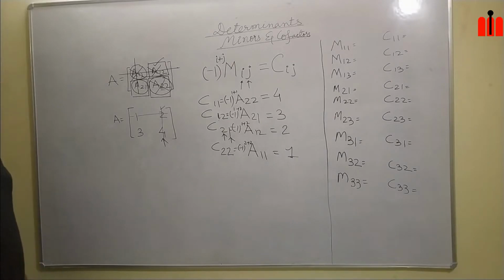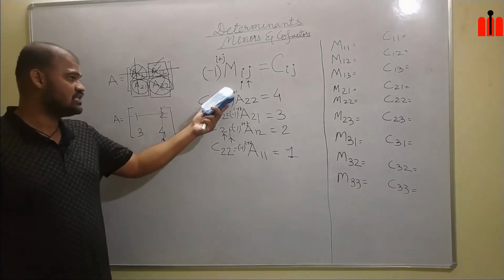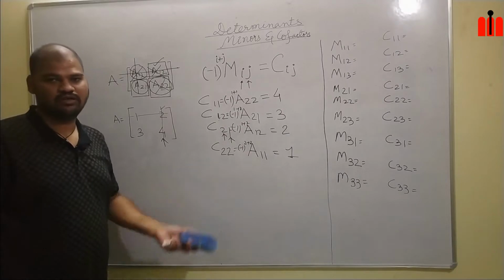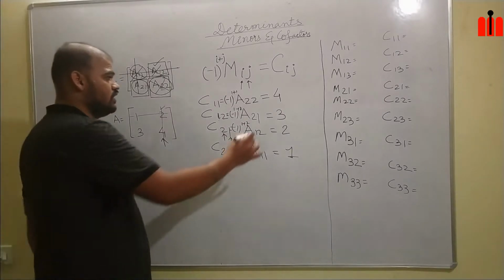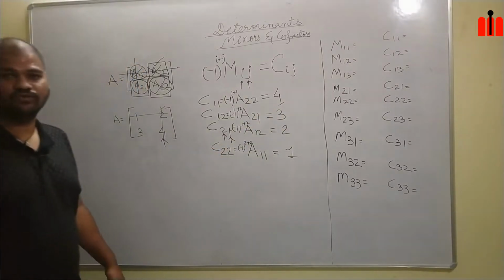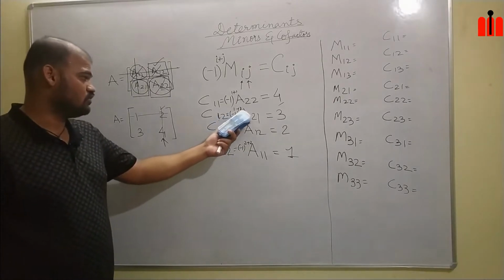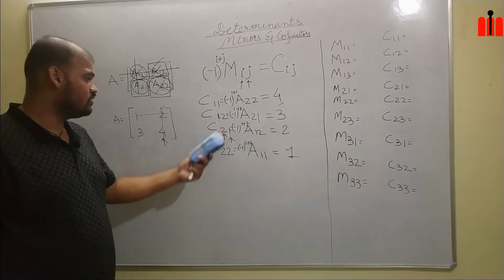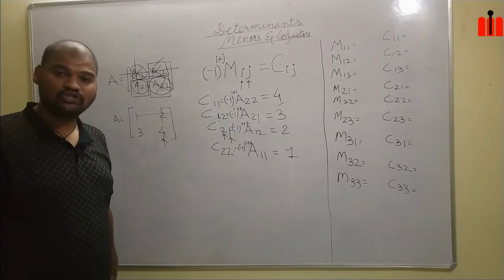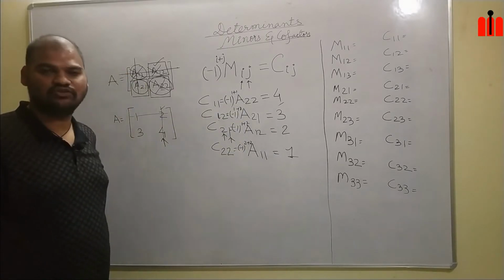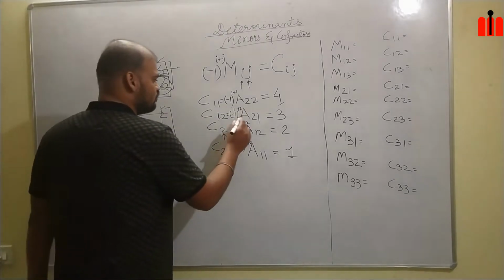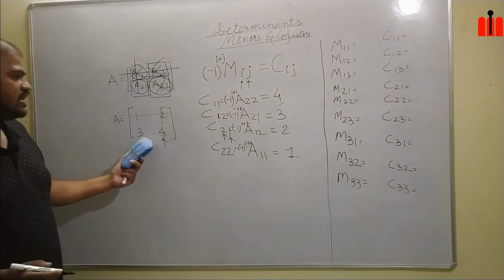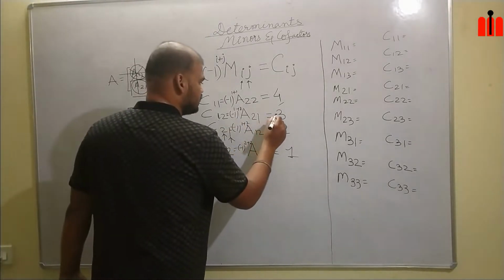Right? Now -1 to the power of 1 plus 1 is positive, so C11 will be A22, which is 4. For C12, -1 to the power of 1 plus 2, 3, is negative. So minus A21, which is -3.